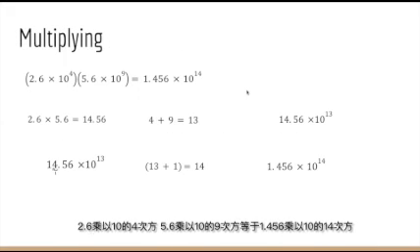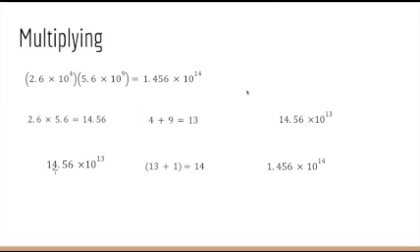Multiplying. 2.6 multiplied by 10 to the power of 4 times 5.6 multiplied by 10 to the power of 9 equals 1.456 times 10 to the power of 14.